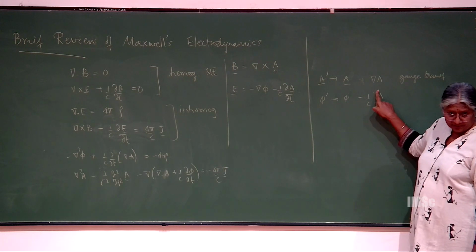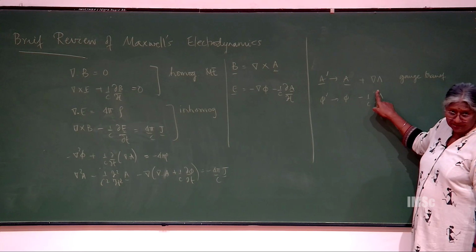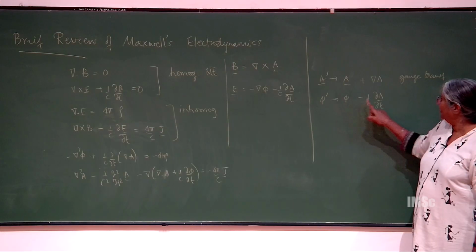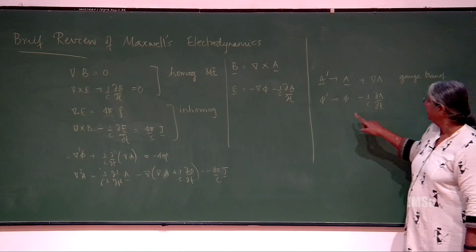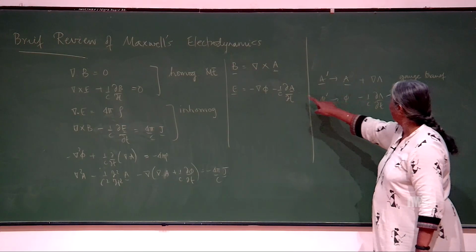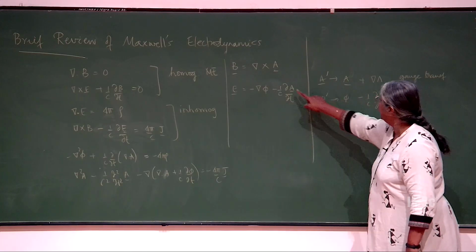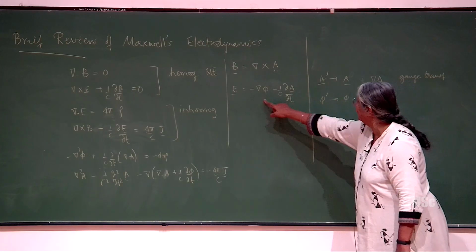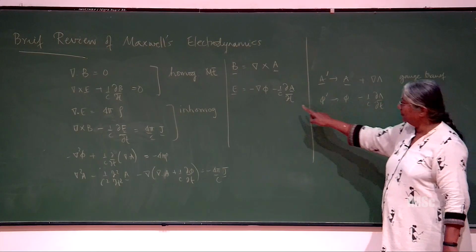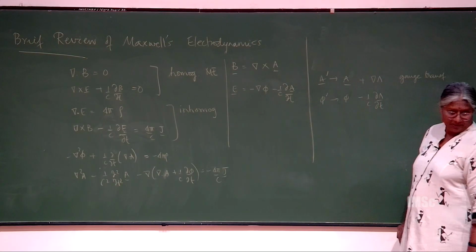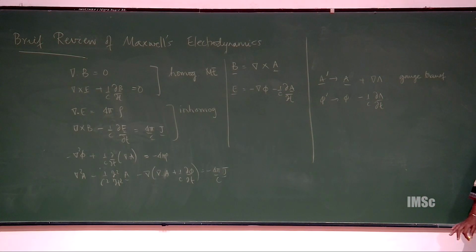Del cross del is 0, right? So the extra piece that you have added is 0. Same way here, you will add d by dt of del lambda, and you will add del of d by dt of lambda, and the two terms will cancel each other, right? So E and B will remain the same E and B.